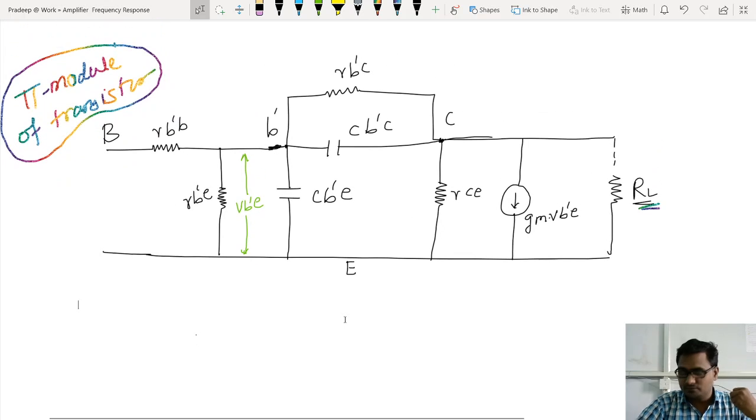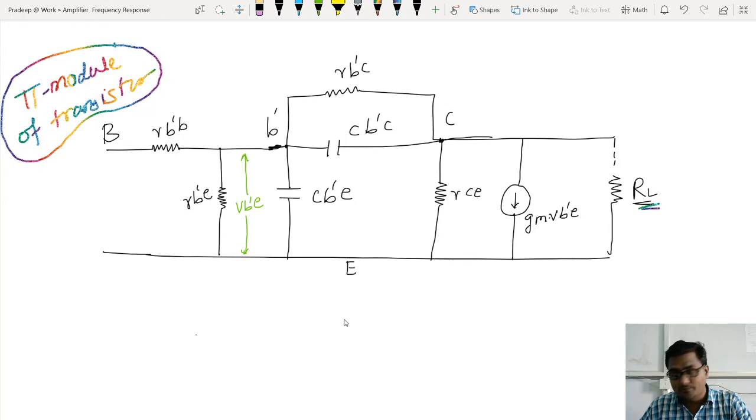See what is the change between the low frequency h model and the high frequency pi model. In the high frequency pi model, we have considered internal components of a transistor, some internal resistors and internal capacitors.